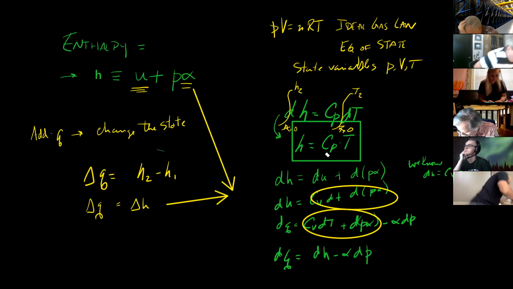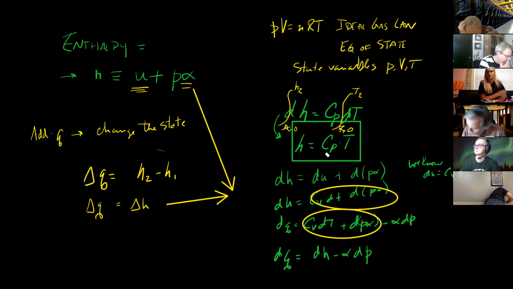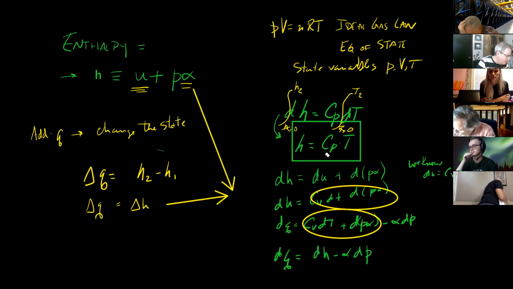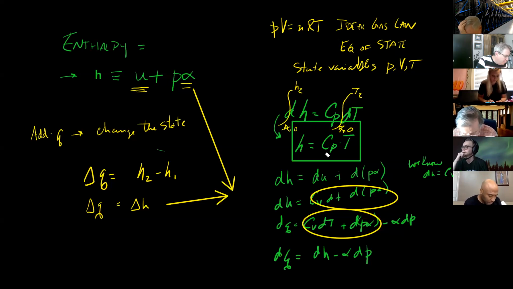Because now here is something interesting. It says the air within the layer expands as it warms, doing work on the overlying air by lifting against the Earth's gravitational attraction. Of the energy per unit mass imparted to the air by heating, we see that du is CV dT is reflected in an increase in internal energy, and P d alpha equals R dT is expended during doing work on the overlying air.